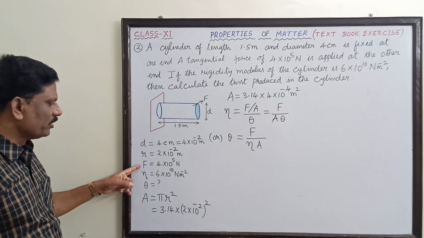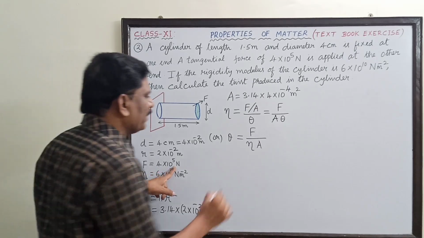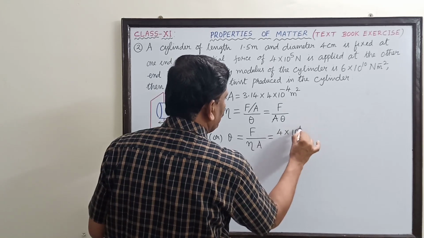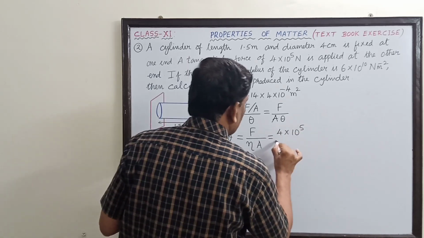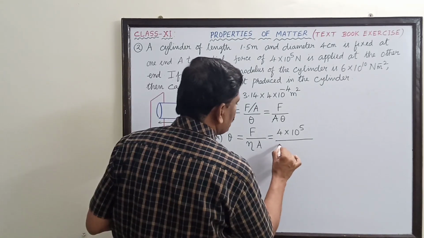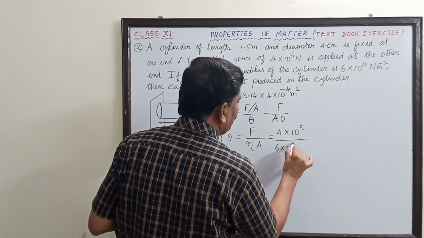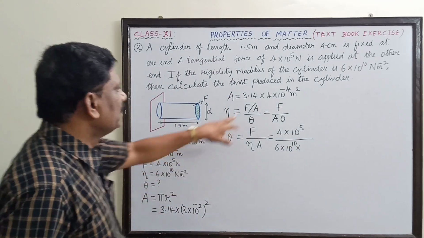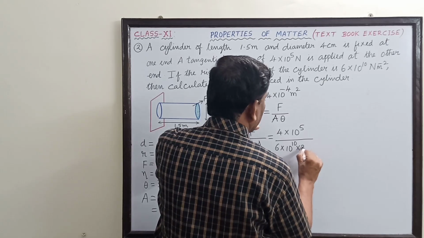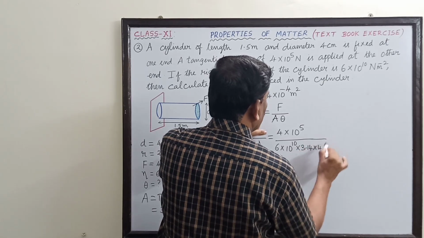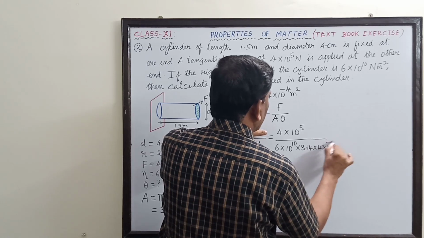Now we will substitute for F is equal to 4 into 10 power 5 Newton, divided by eta, which is 6 into 10 power 10, into area. Area is 3.14 into 4 into 10 power minus 4.